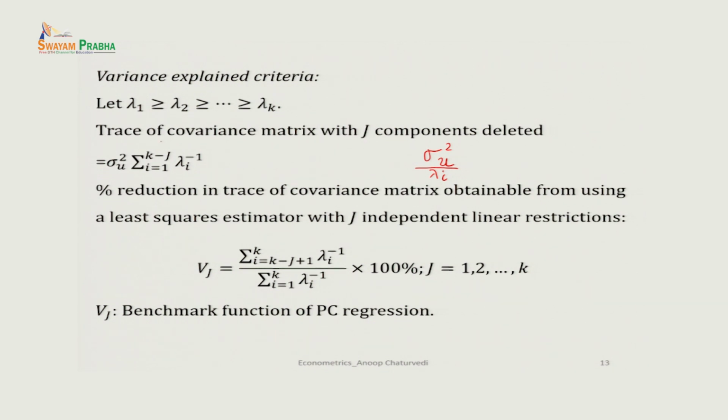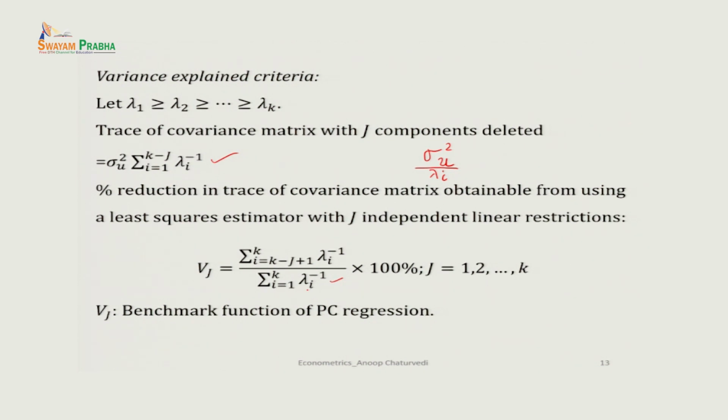This is the variance of the components which we have retained, and then the reduction in variance is equal to this part minus this part, and then sigma square u will cancel out.